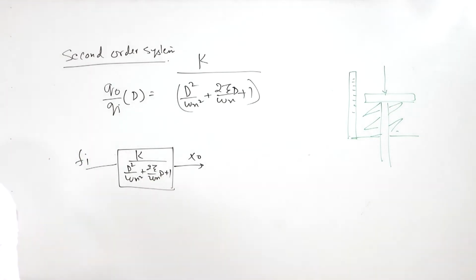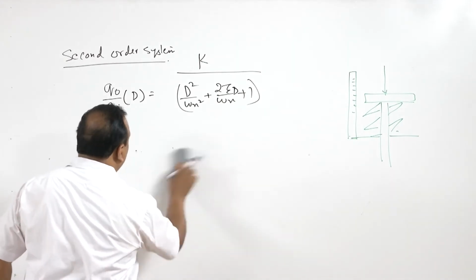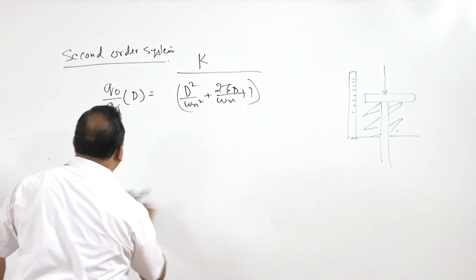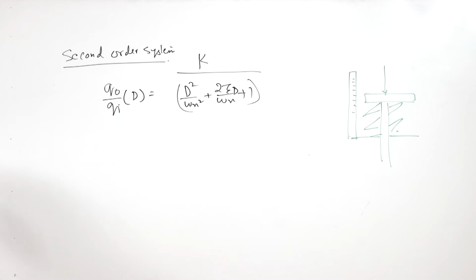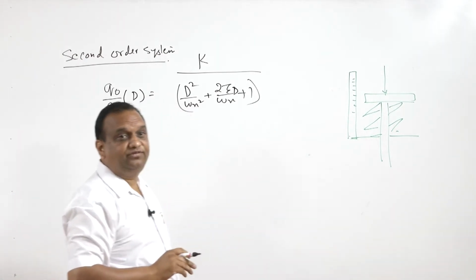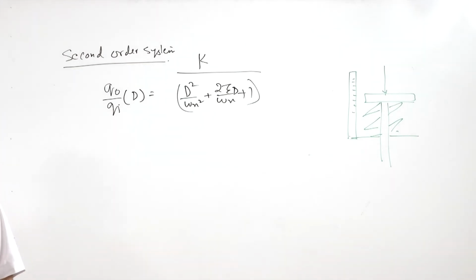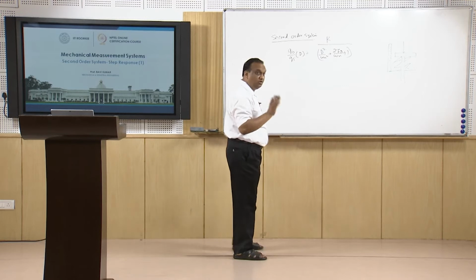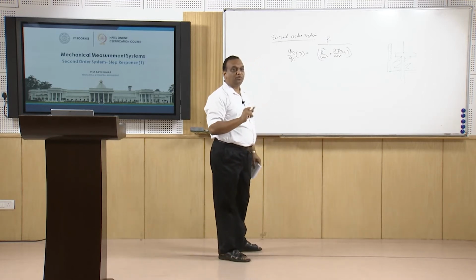Now we'll start with the force balance here. For the second order analysis, we'll start with the force balance. And this force has frequency well below the natural frequency, not well above, well below the natural frequency, so that there is no interference.